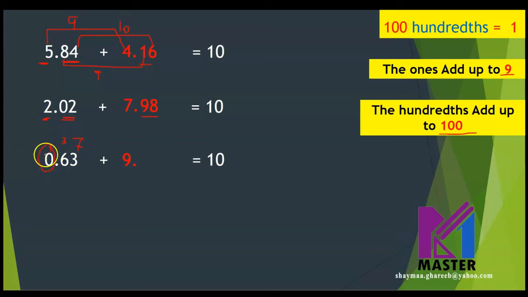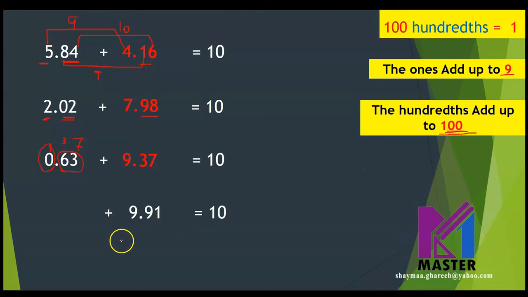So every time I complete the number by finding the sum of the digits in the units place, which is 9, tens place should be 9, and hundredths place should be 10. Or I can complete the number of hundreds together to be number 100. So 63 hundredths needs 37 hundredths to be 100 hundredths.